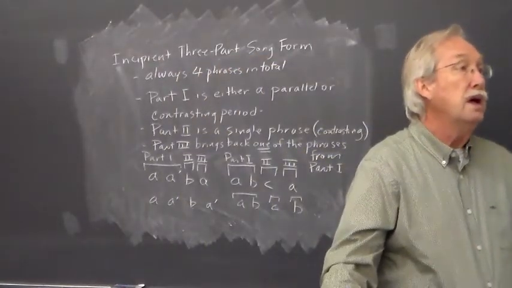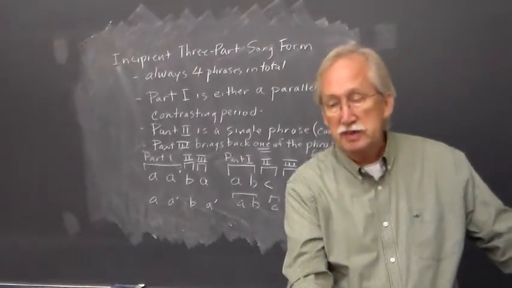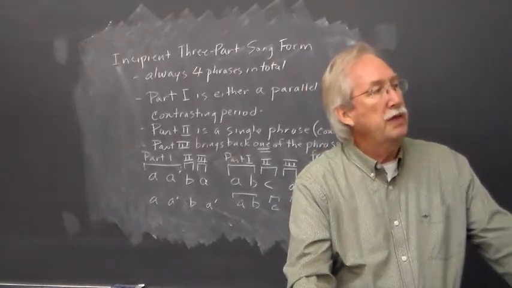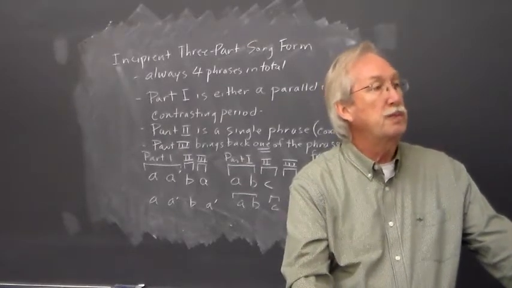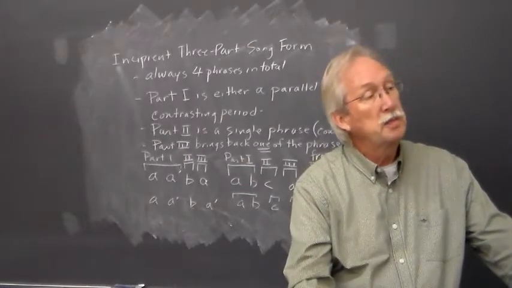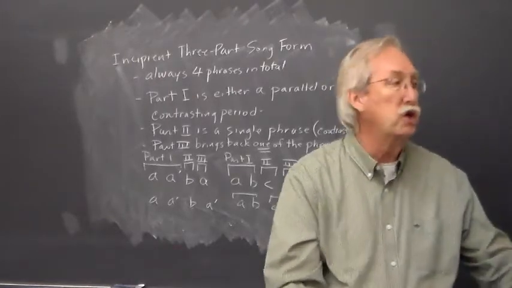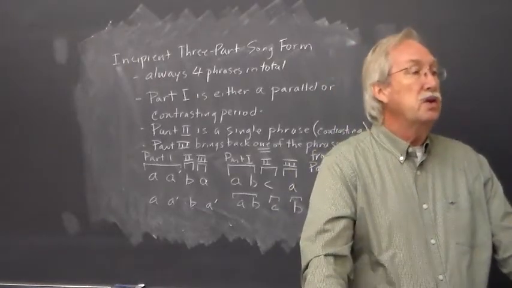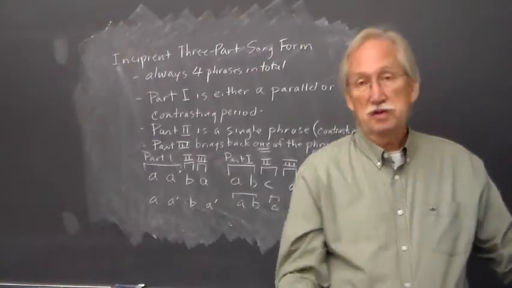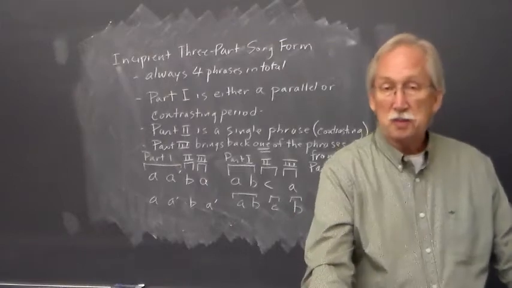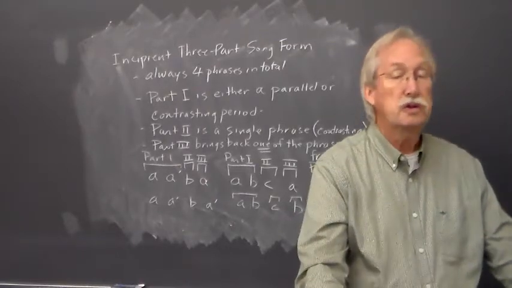So, if you will now go back to the examples of song forms and look at this example of an incipient 3-part song form, the one that is by Stephen Foster, Old Folks at Home, Swanee River. In this situation, you have 4 phrases in total. This one has a repeat around the first 2 phrases.